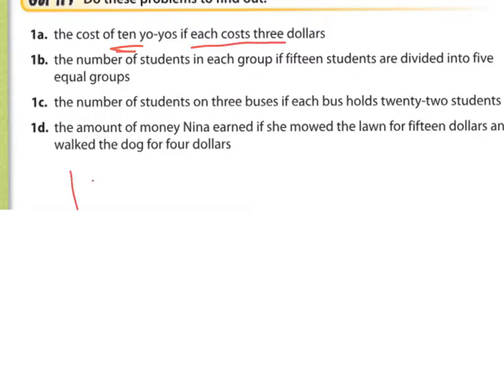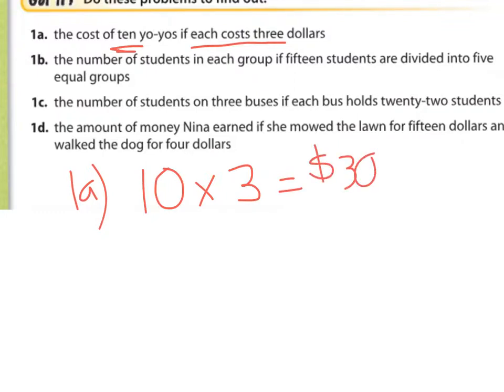So 1A looks like this. We have 10 yo-yos and each of them is $3. Notice I'm looking for the product. No, they're not telling us to evaluate. I believe they're just asking us to write it in numerical expression, right? So we're looking for the product at this point.